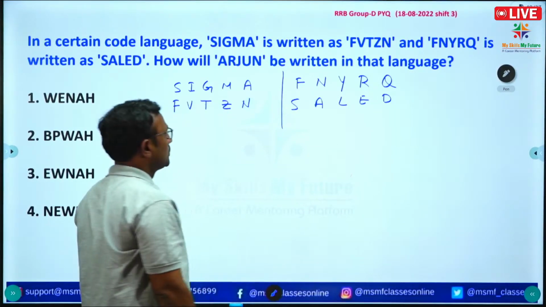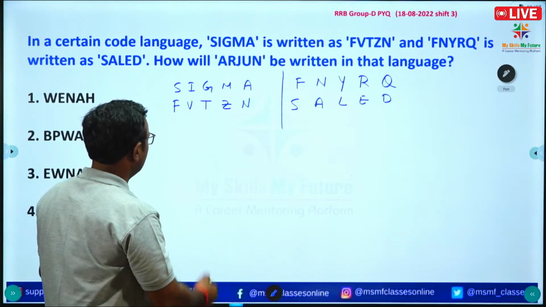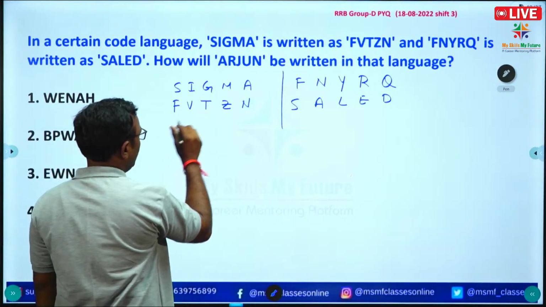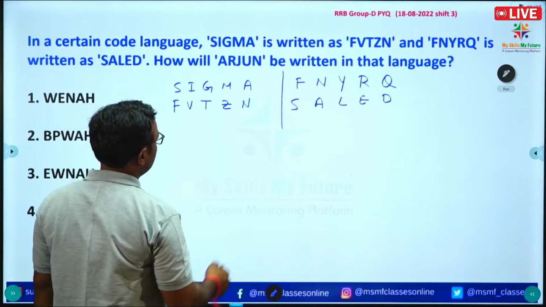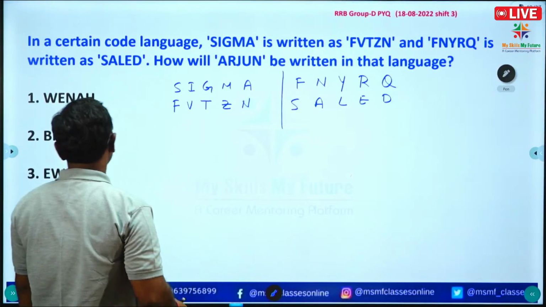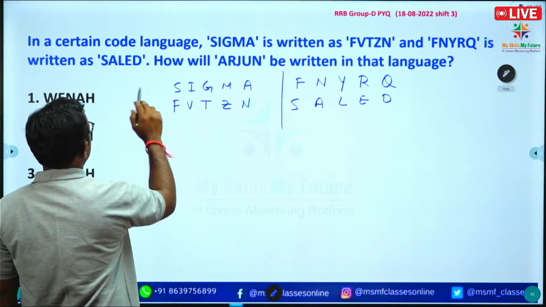So S is written as F, I is written as V, G is written as T, M is written as Z, A is written as N. So a similar code is there. And what is our question?